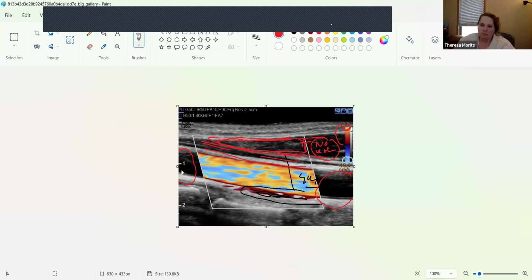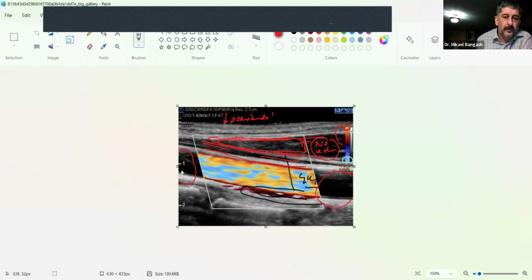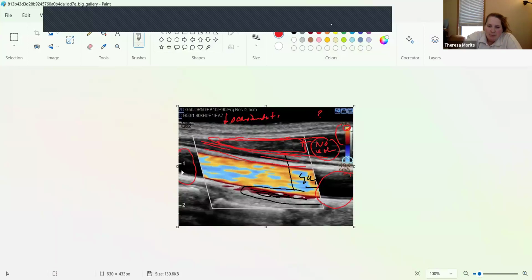Which signal? Low sensitivity to what? Is it the Doppler signal?